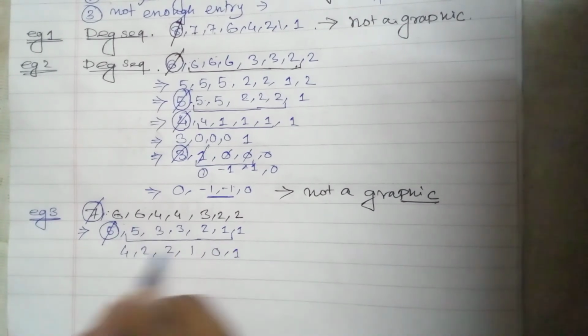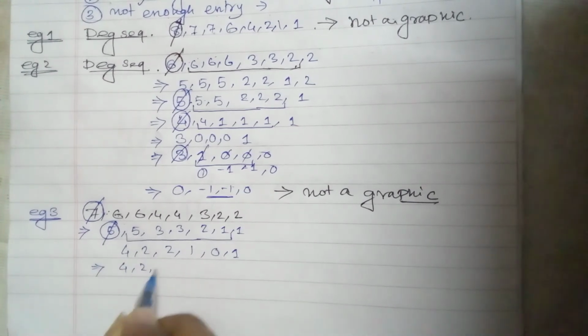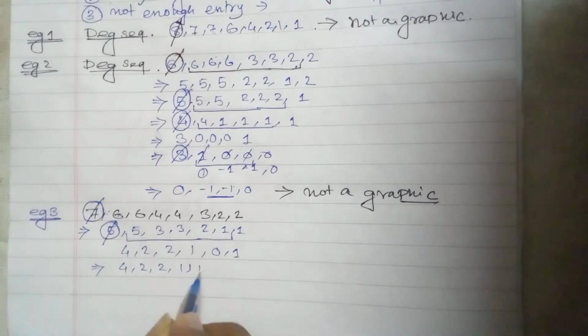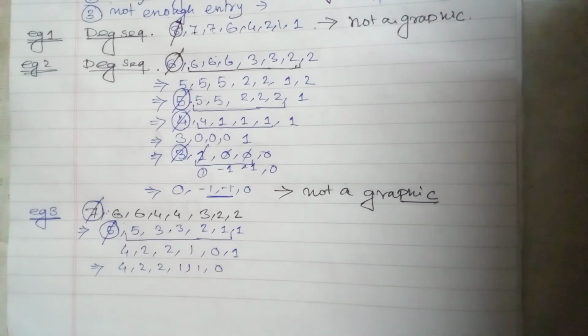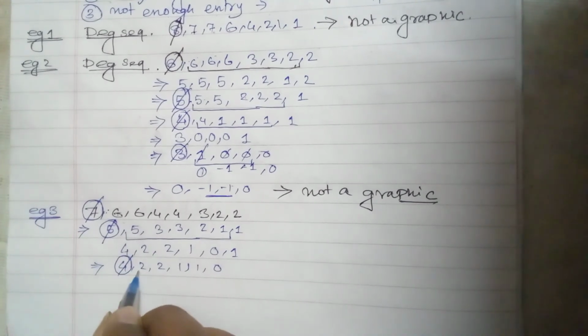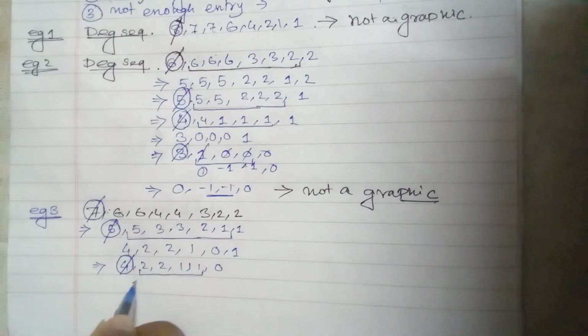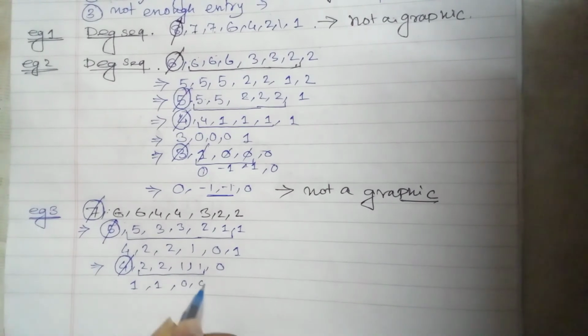Then this is not in non-increasing order, so I arrange it in non-increasing order: 4 2 2 1 1 0. Then again we delete the first vertex, and from the next 4 we subtract 1, that gives 1 1 0 0 0.